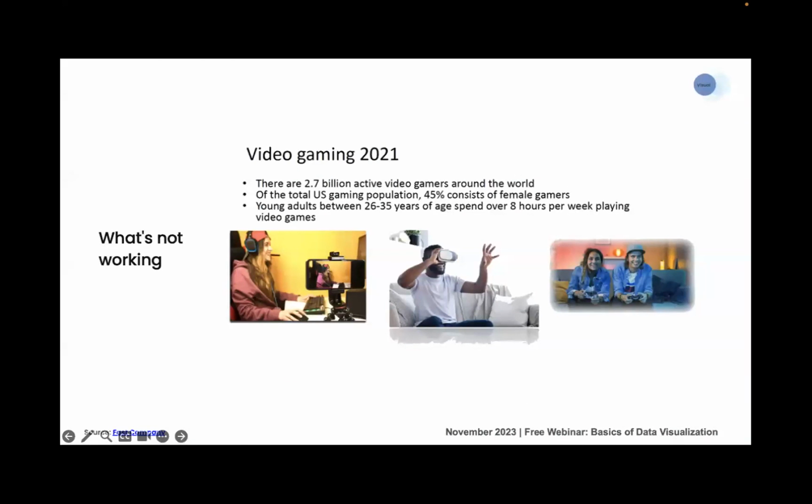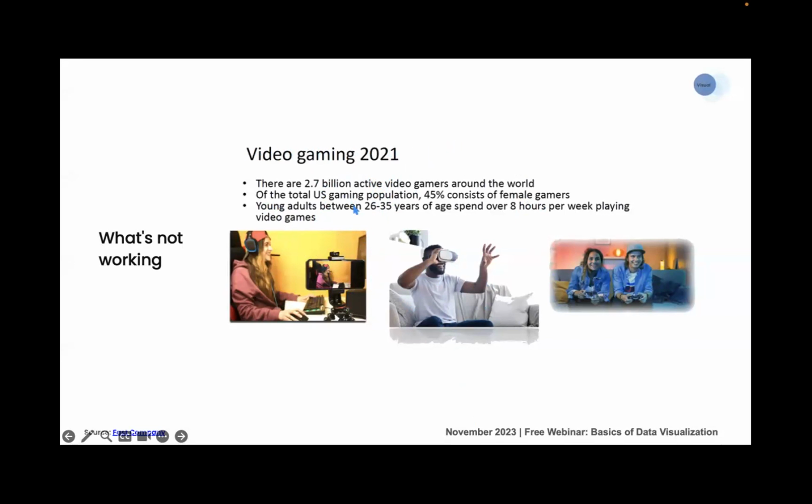So this one is showing a video game, and then there's a theme, and a summary of the findings, and some pictures that support the findings. And then there are young adults, for example, you can see young adults, right? And the female gamers, there are some female gamers. However, this one is not memorable.